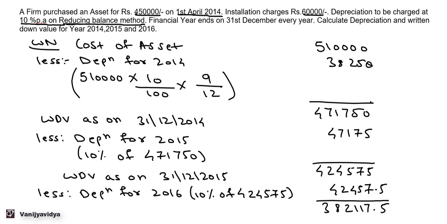So this is WDV as on 31st December 2016. So this is how we solve an example as per reducing balance method and calculate the depreciation.